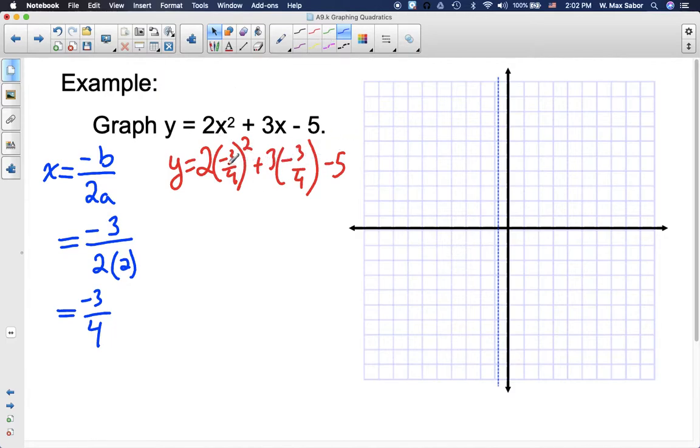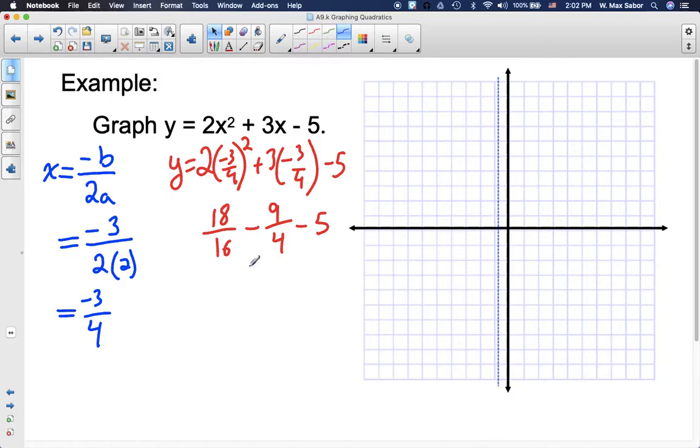I'm not using my calculator right now, so 9 times 2 is 18 sixteenths. This is -9/4, and this is -5.